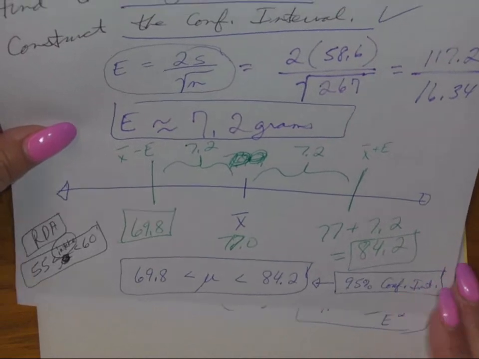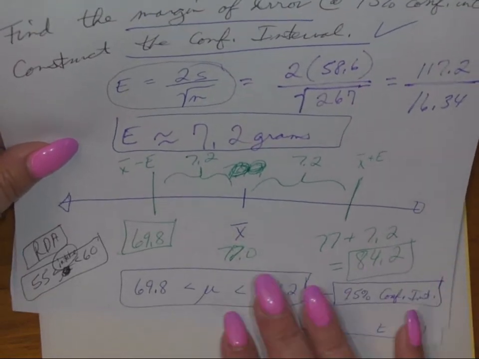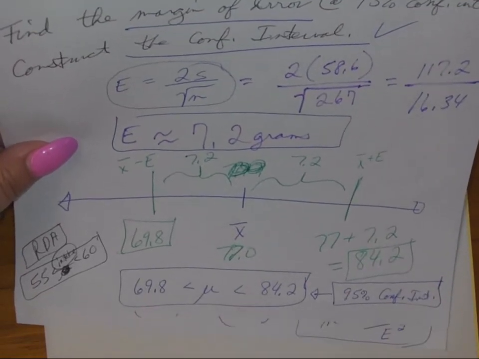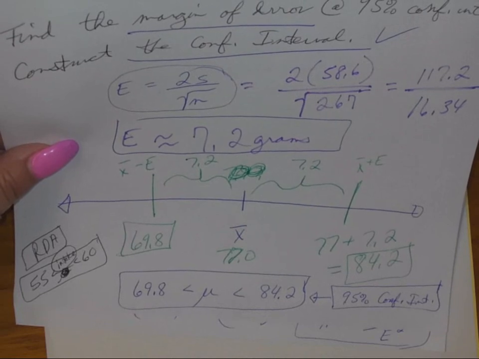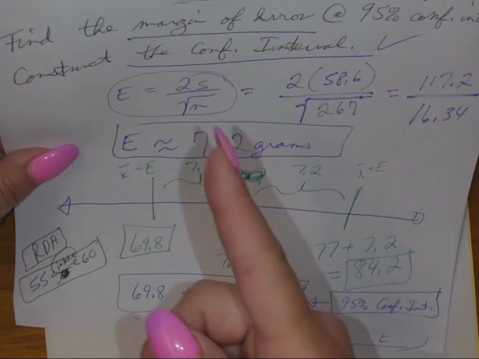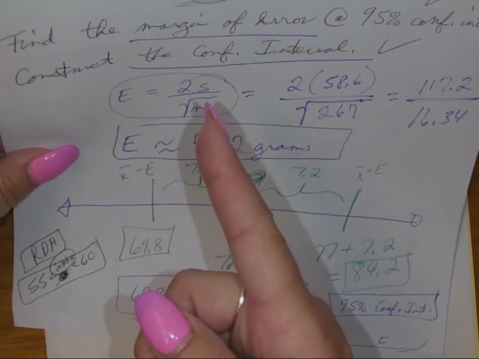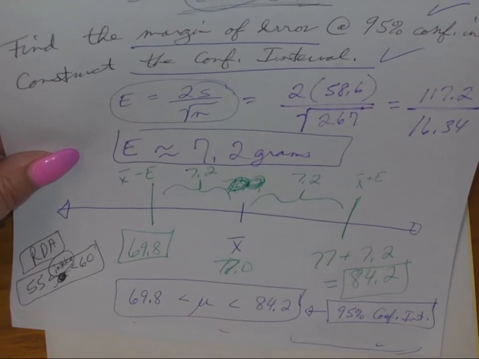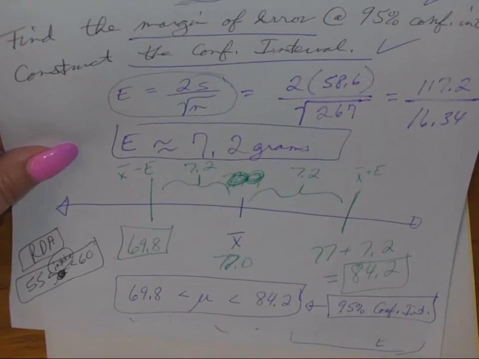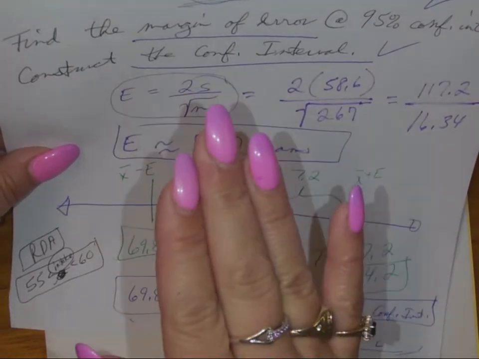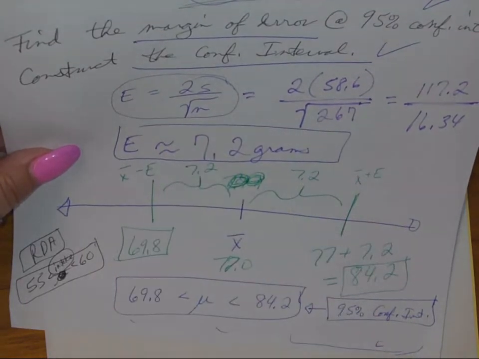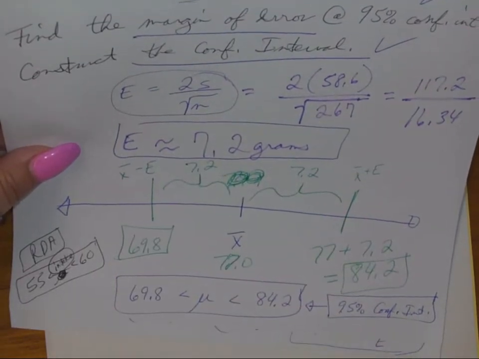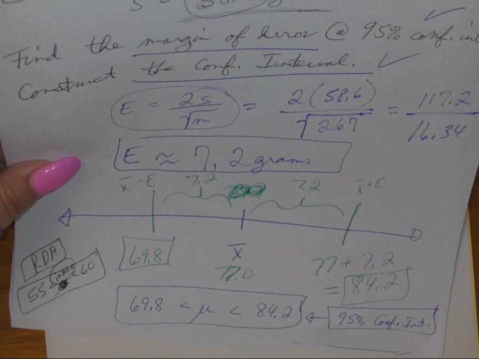That's your 95% confidence interval. You need to be able to construct that. You need to be able to use E, but on these problems I'm not going to make you find standard deviation. You've already done that on another test. I'm going to give you standard deviation, and you're going to plug into the formula. So it becomes a little bit easier to work these out. So yeah, you need to be able to do that.